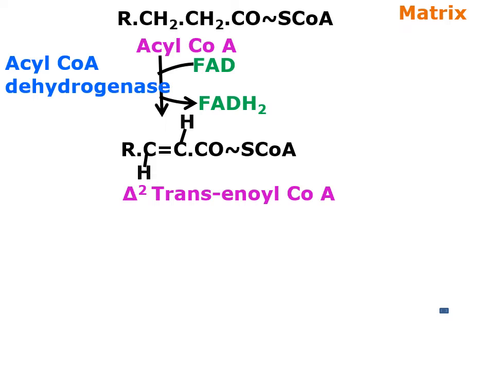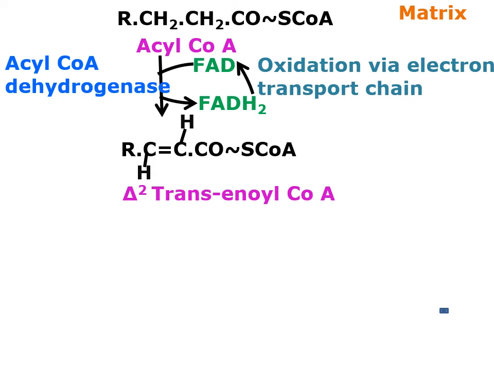At the delta 2 position there is unsaturation, so delta 2 trans-enoyl CoA, to be specific. Now this FADH2 enters the electron transport chain, and it will generate 1.5 ATP. Clear? It will generate 1.5 ATP.